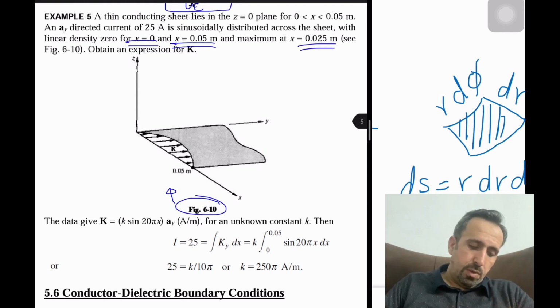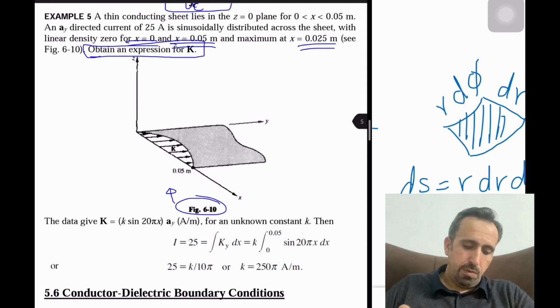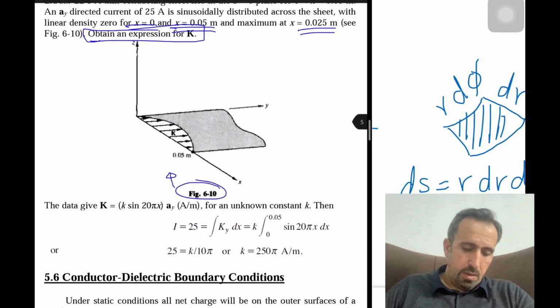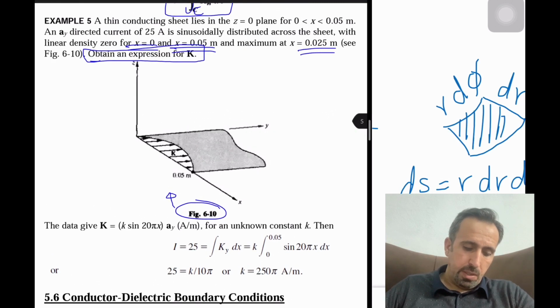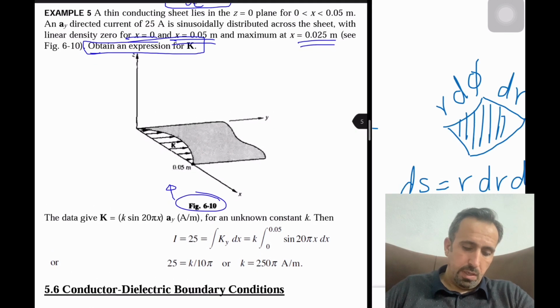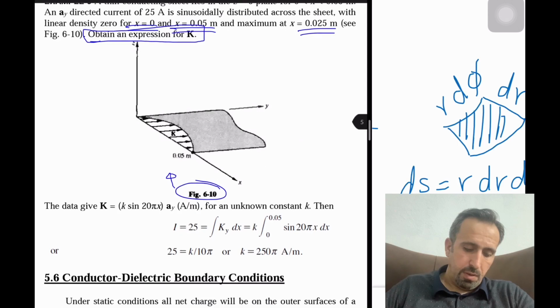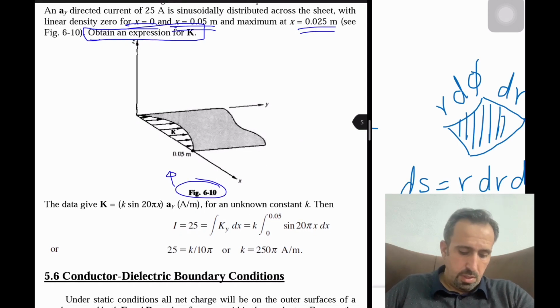He asked for the value of K. Obtain an expression for K. How to find an expression for K? And also, I think it is required to find even the value of K as a magnitude.